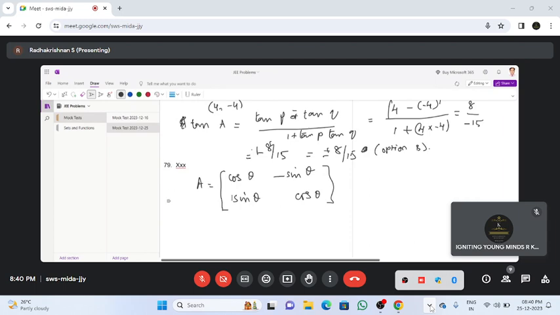Now we have to find out A to the power of minus 50, where theta equal to pi by 12.